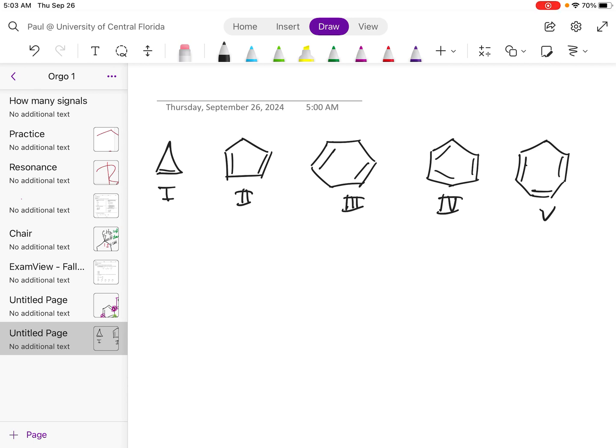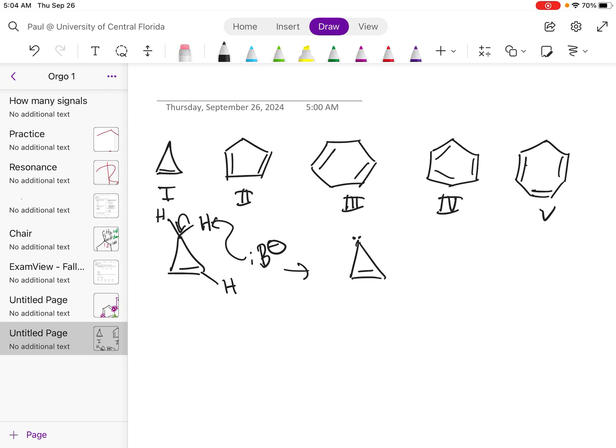So if we look at molecule 1, draw it a little bit larger here, we have a hydrogen and two hydrogens here. And the best way to look at this is, hey, if we have a generic base, and it comes in and grabs this, look at what it turns into.